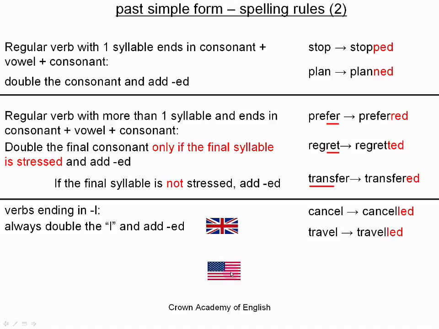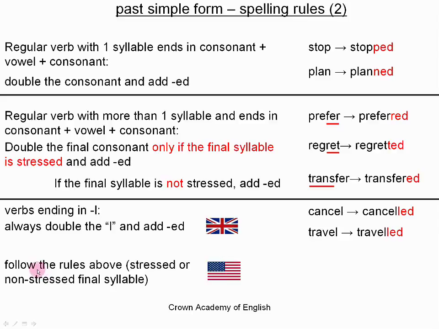But in American English, we follow the rules above. So in American English, for a verb that ends in L, we follow this rule here. So we look at the final syllable to see if it is stressed, and if it is, we double the final consonant and then add ed.